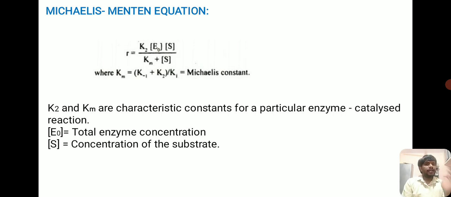This is the Michaelis constant, where k₂ and K_m are characteristic constants for a particular enzyme catalyzed reaction. E₀ represents the total enzyme concentration, and [S] represents the concentration of the substrate.